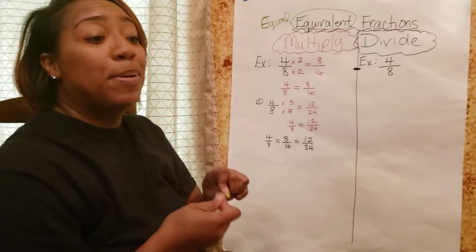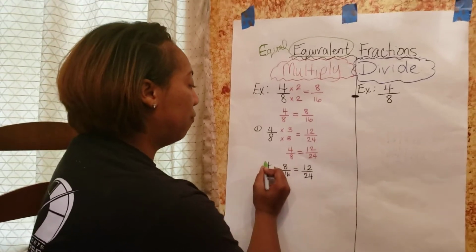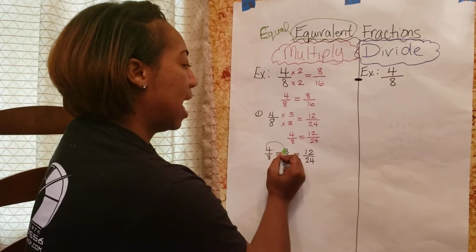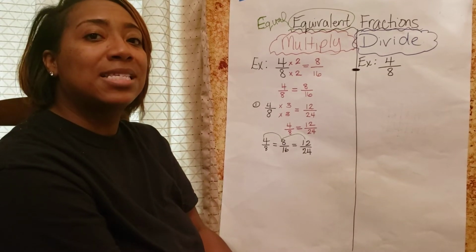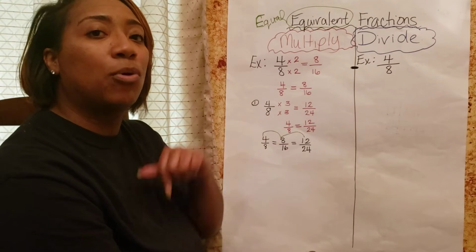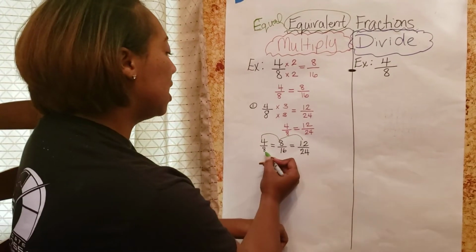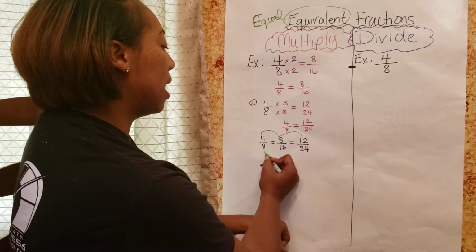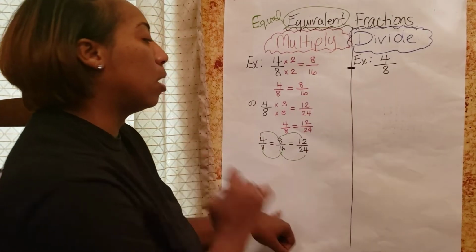And I should see a pattern. If I look at my pattern here, I would see that 4, 8, 12. So that means I'm skip counting by what? I have skip counted by 4s. I can also look at my denominators and see when I'm multiplying, I have 8, 16, 24.